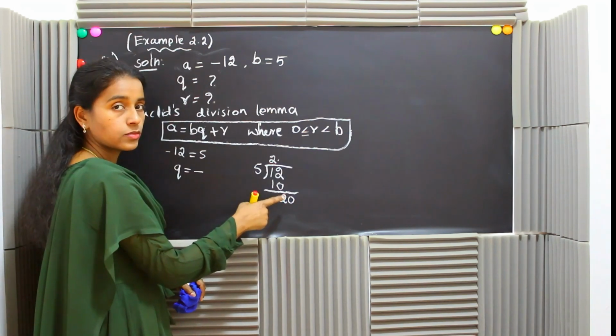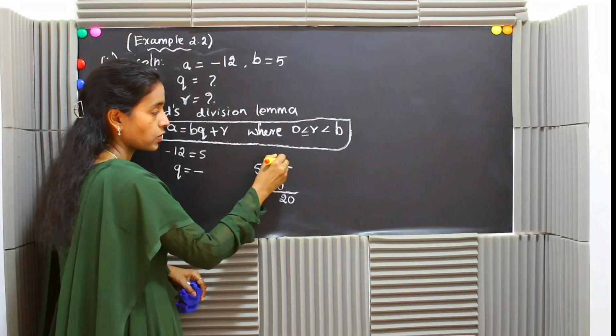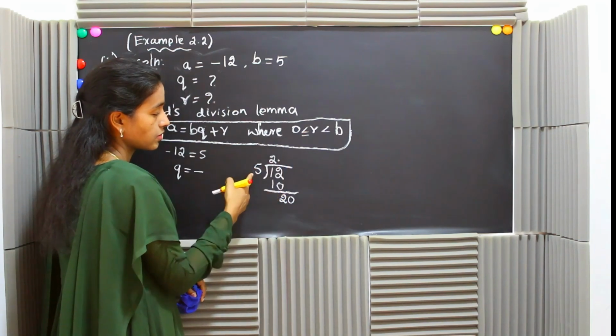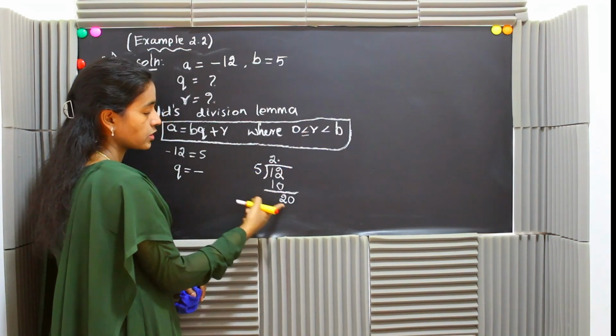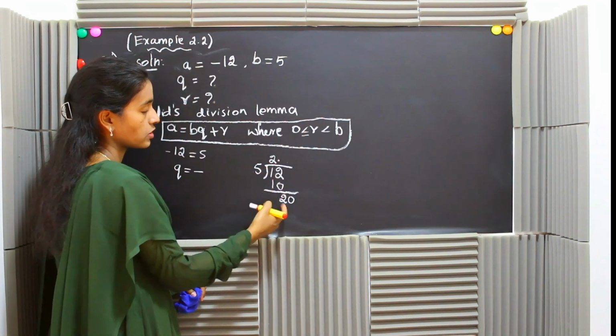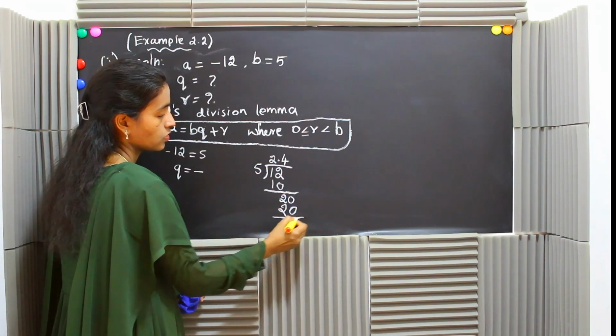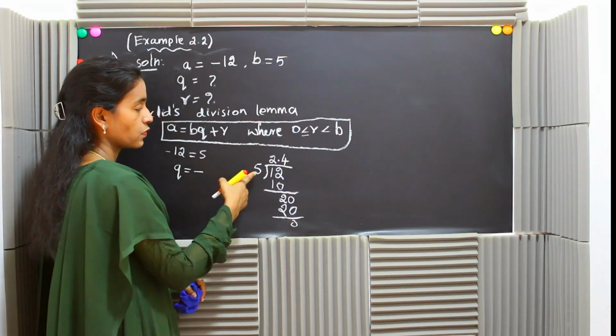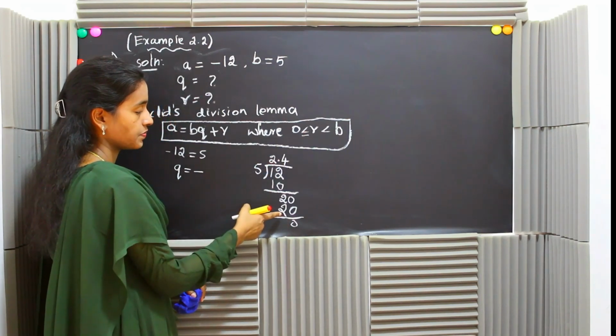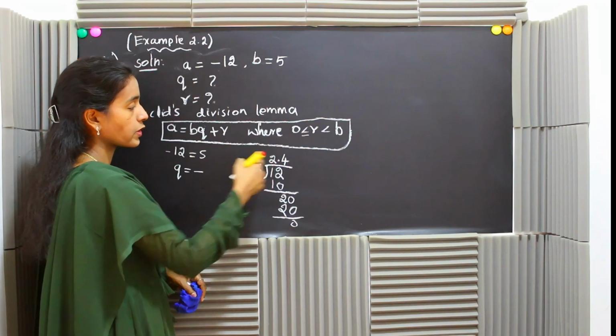For adding the 0, I'm putting a point over here. And now we can divide 20 by 5. 4 5s are 20. So I'm getting 2.4.